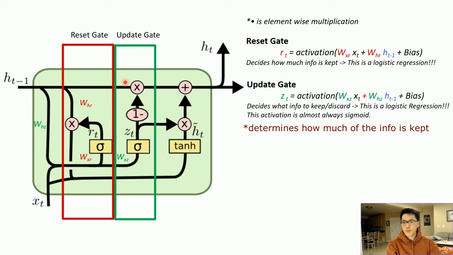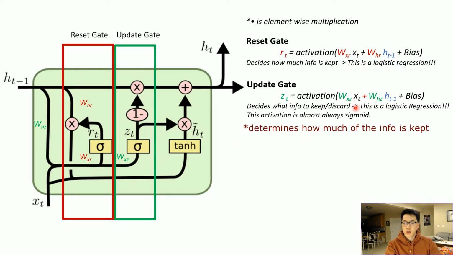The next step is going to be our update gate. This is very similar to the reset gate in that it's another logistic regression, except this determines what data to keep in, and that'll be more clear for the candidate hidden state, which I'll be going over very shortly. So we have the weight of h to z, which is this branch over here, and we have the weight of x to z going over to here.